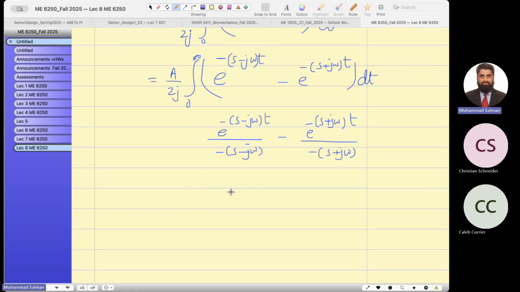So can I write it like this, with integral limits of infinity and 0?